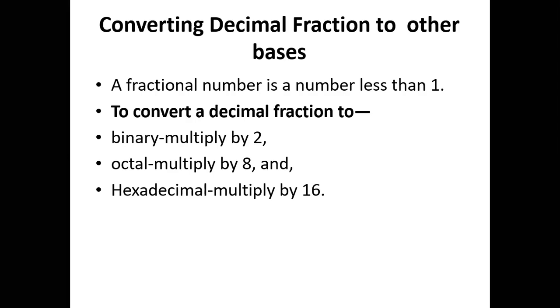When you are trying to convert a decimal fraction to binary, you keep multiplying by 2. When you want to convert a decimal fraction to octal, you multiply by 8. When you want to convert a decimal fraction to hexadecimal, you multiply by 16.